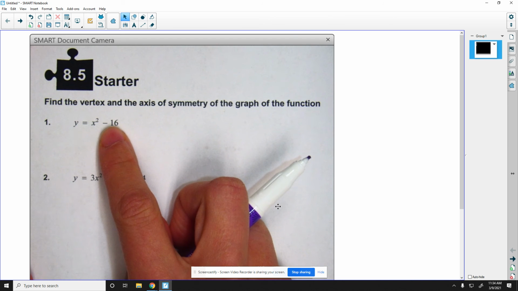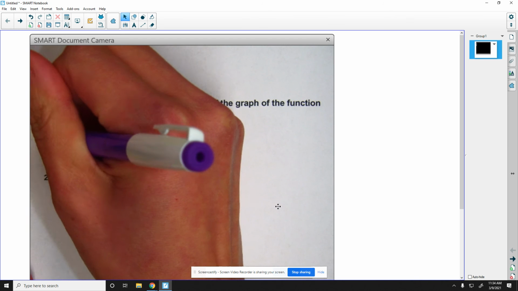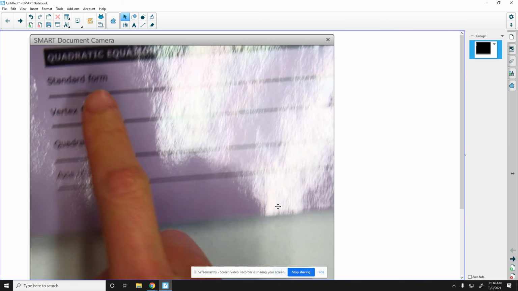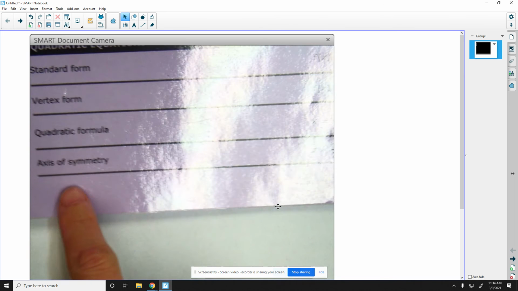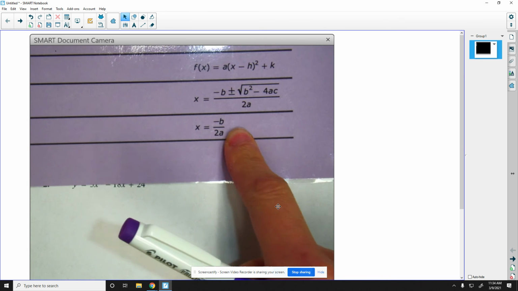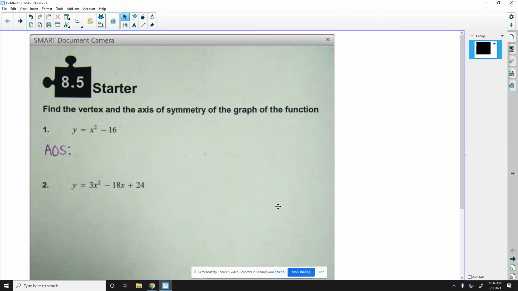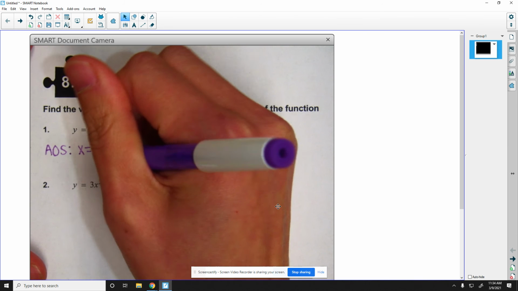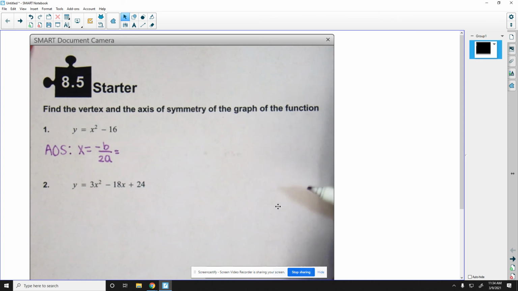So if I want to find the axis of symmetry, remember how we said there is a specific formula? The formula for the axis of symmetry you don't need to memorize, but it's on the bottom of your star chart. Axis of symmetry is negative b over 2a. Okay, so x equals negative b over 2a. So those are the numbers I'm plugging in.